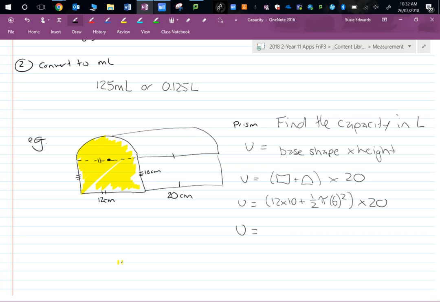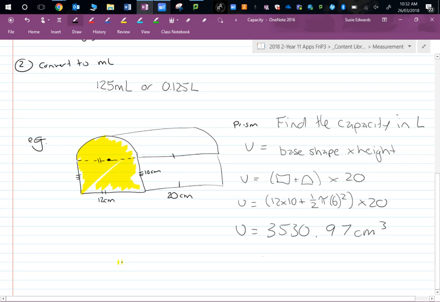Aaron, did you get 3530? No? You got that? Perfect. Okay. 3530.97. What measurement's it in? Cubic centimetres. Have we answered the question? No? What do we still need to do?